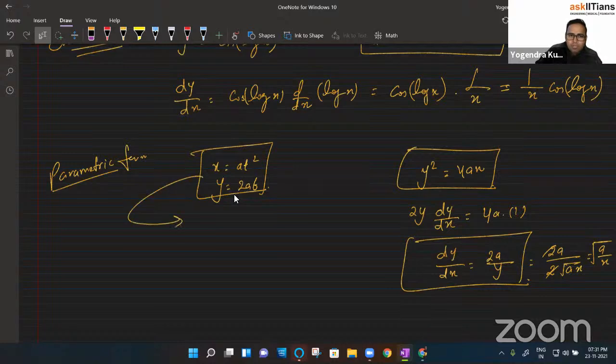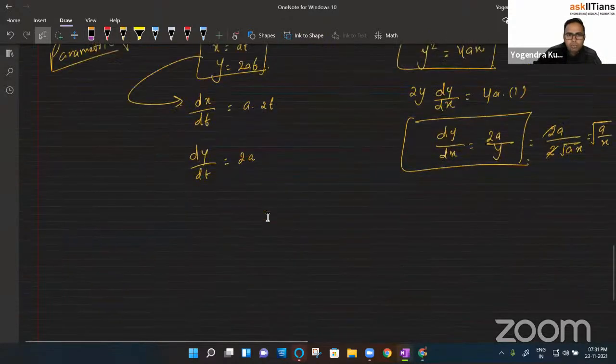Now, if parametric form is given to us, how do we differentiate it? We write dx by dt equals a into 2t, and dy by dt is 2a.